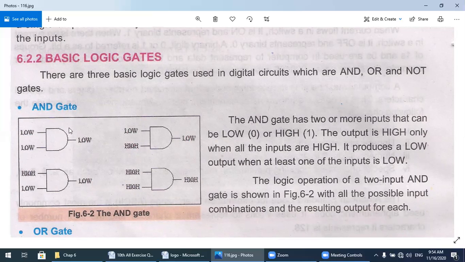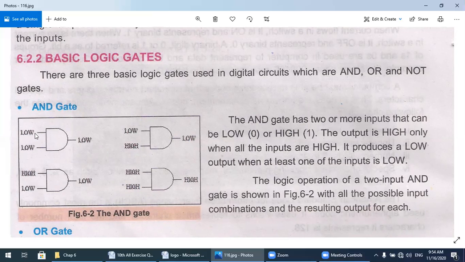So the AND gate. Watch here, the symbol used for the AND gate is a D shape. The AND gate has two or more inputs that can be low, zero, or high. Already we have discussed the truth table for the AND gate.